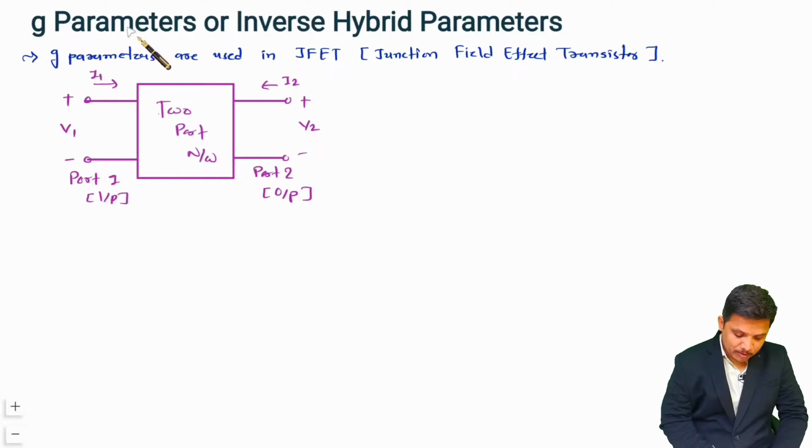Now, when we talk about G parameters, the independent variables are V1 and I2, and the dependent variables are I1 and V2.